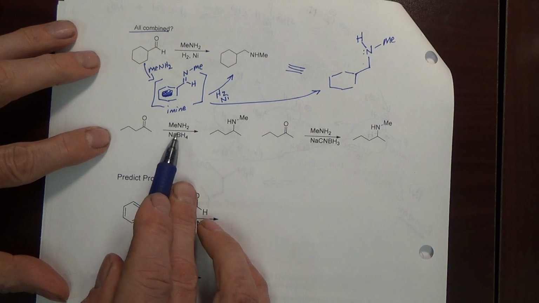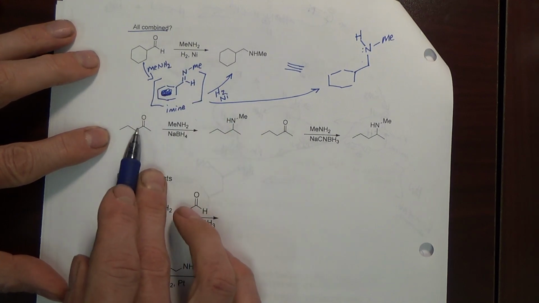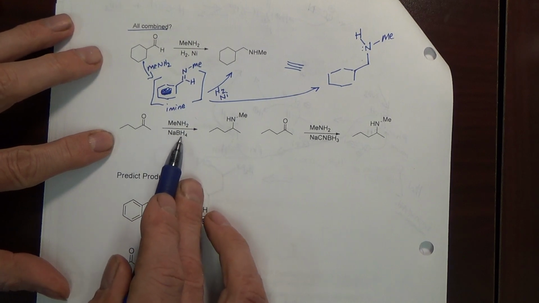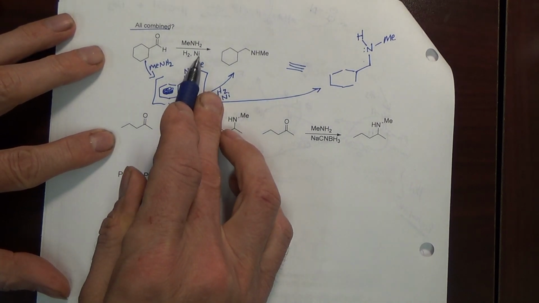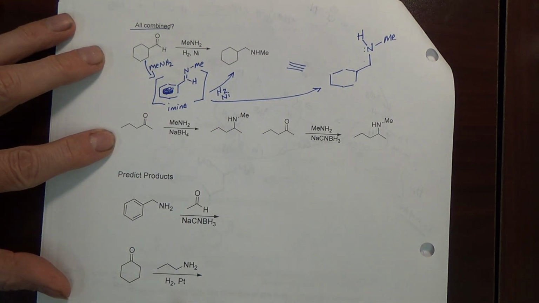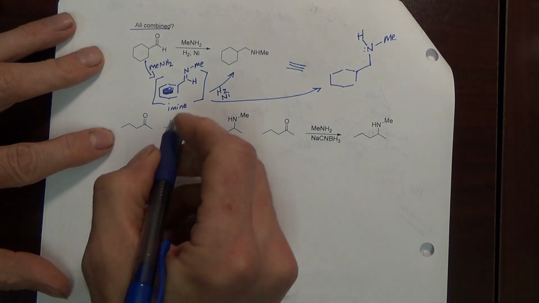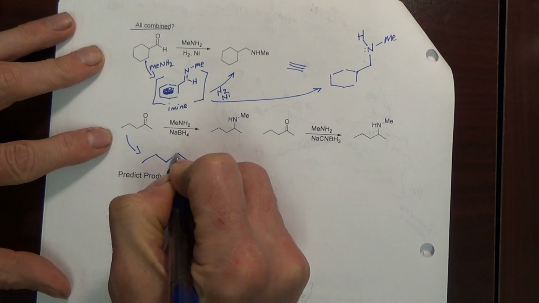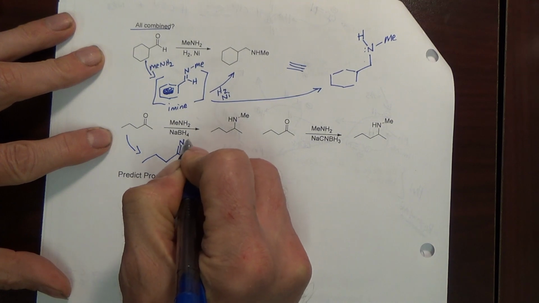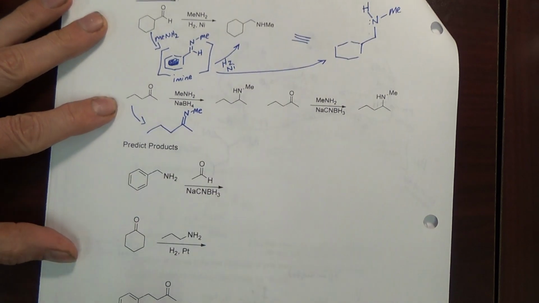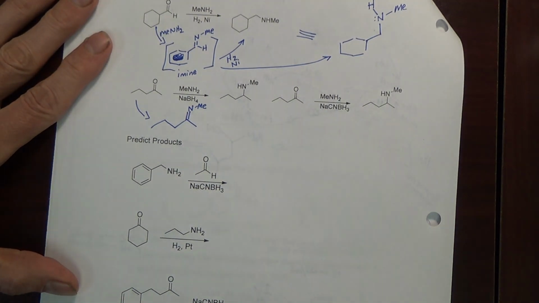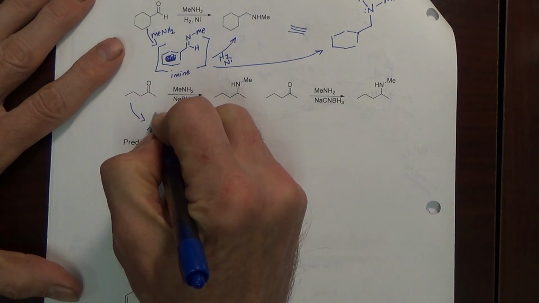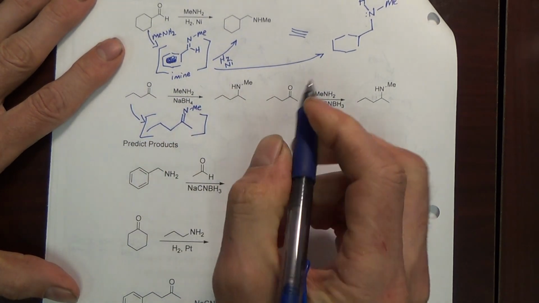Now, let's try another one. Methylamine again, but let's include sodium borohydride instead of hydrogen. With methylamine, we're looking to make the imine, but that would not be isolated.